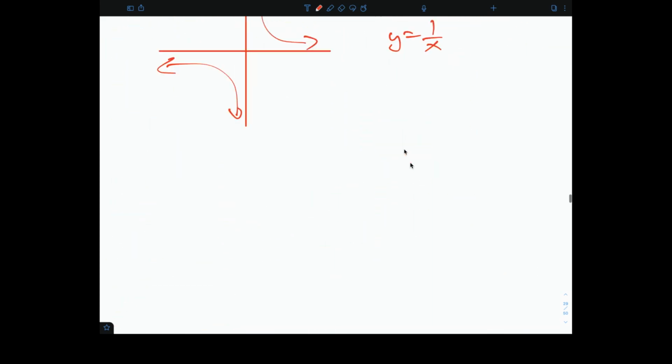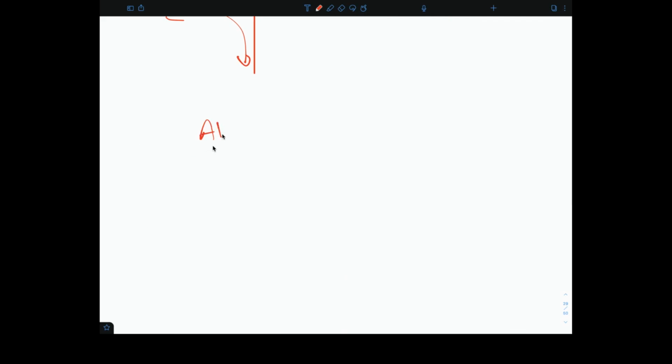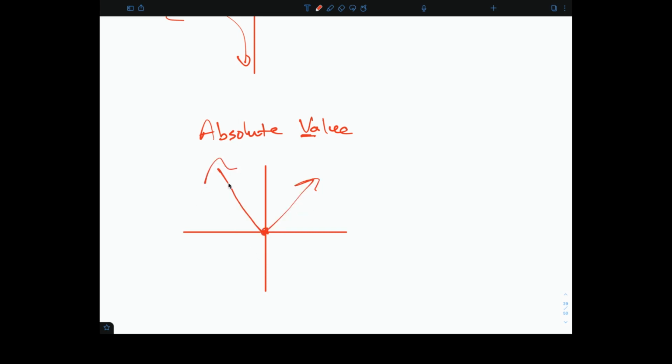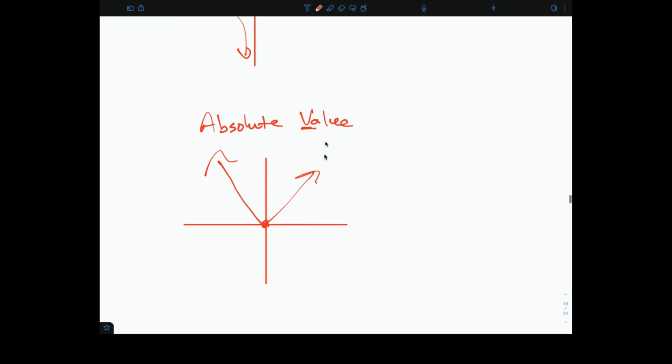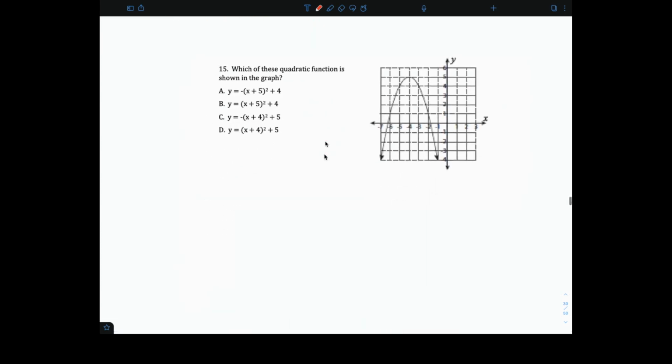Oh, and there's one more that we talked about, which is the absolute value. And that one's easy because I always like to say the v in absolute value is to remind you that this graph is shaped like a v. Okay, so not the best artist in the world, but hopefully these little things help you to remember what they are.